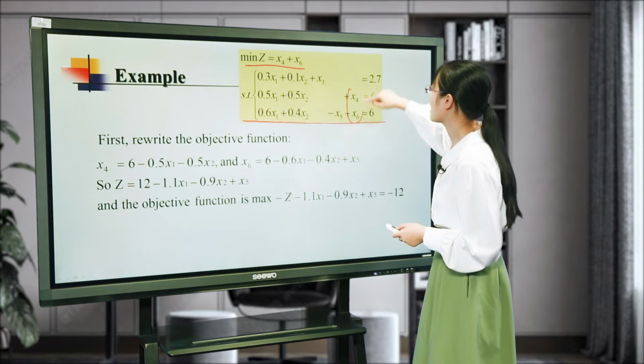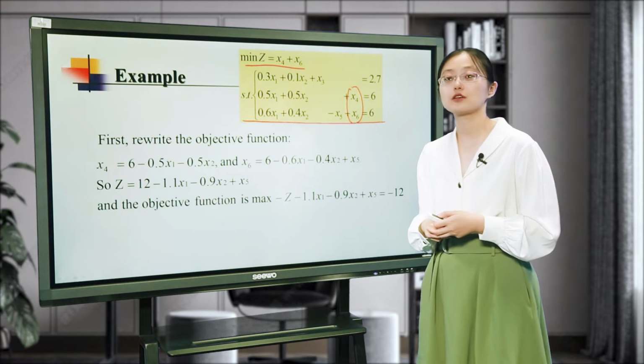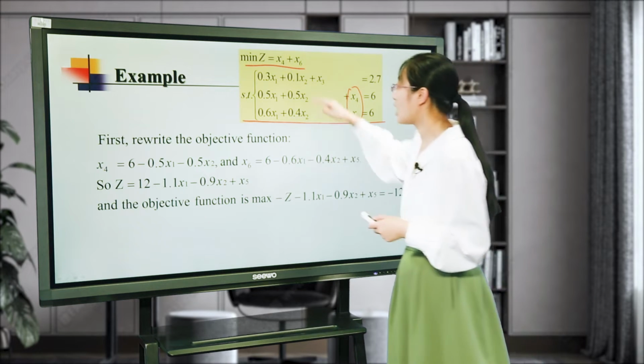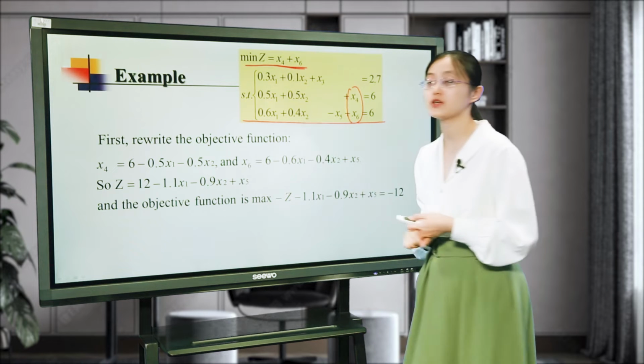x4 and x6 are the artificial variables, so they are the initial basic variables, and they should not appear in our objective function.